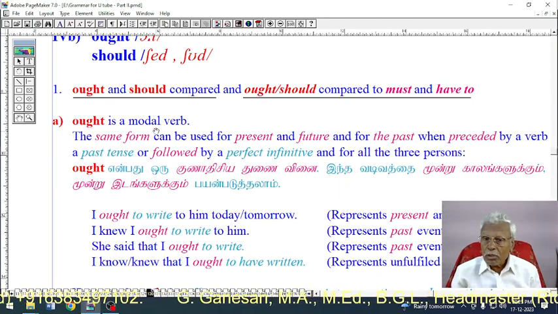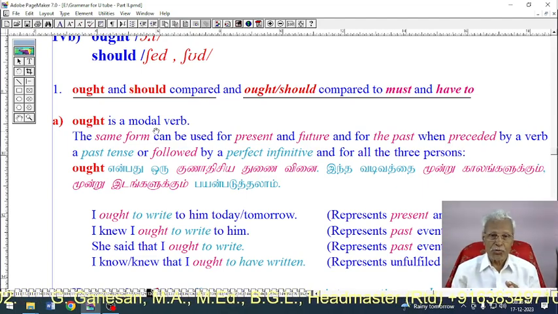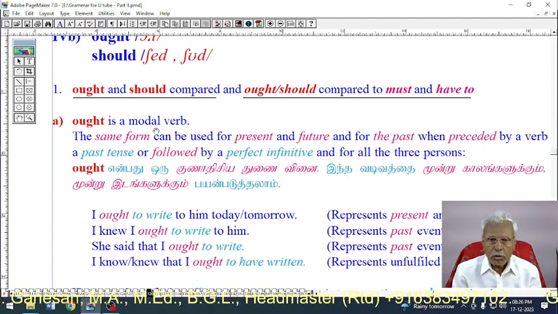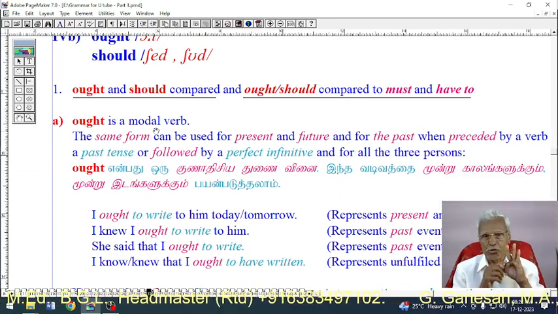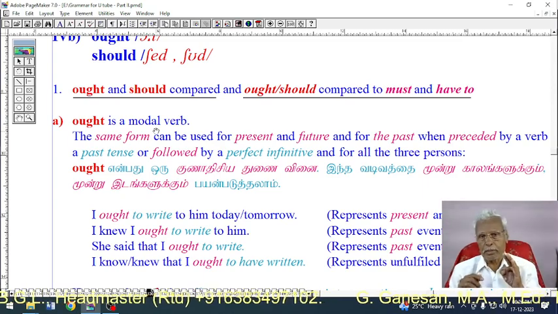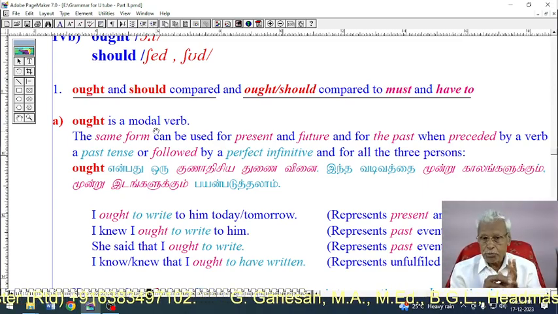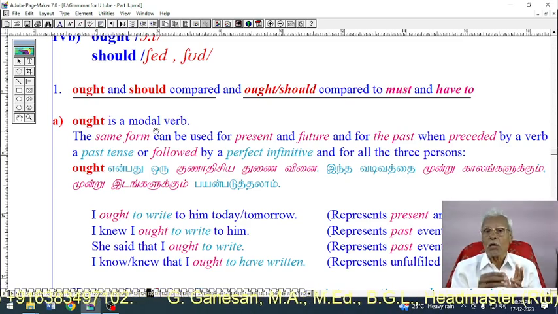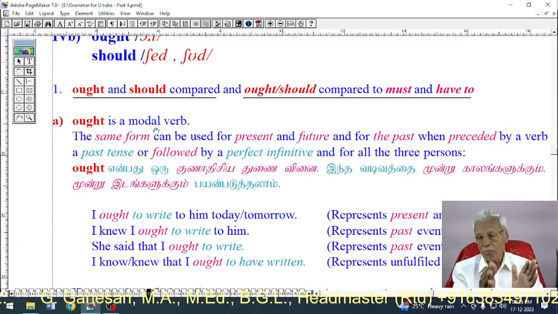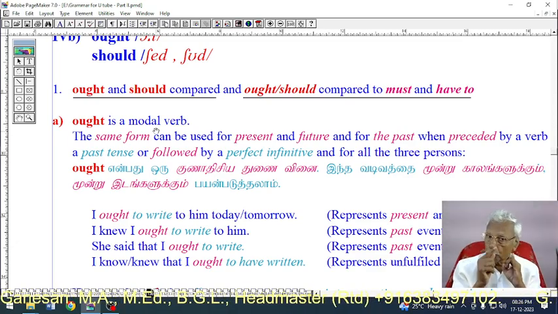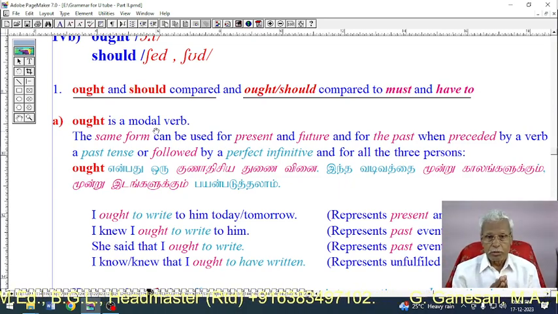Other verbs have three forms: go, went, gone. I am not using a present participle because ought can't be used as a present participle. But it can be used as a present auxiliary, a future auxiliary, or a past auxiliary. The form is the same.